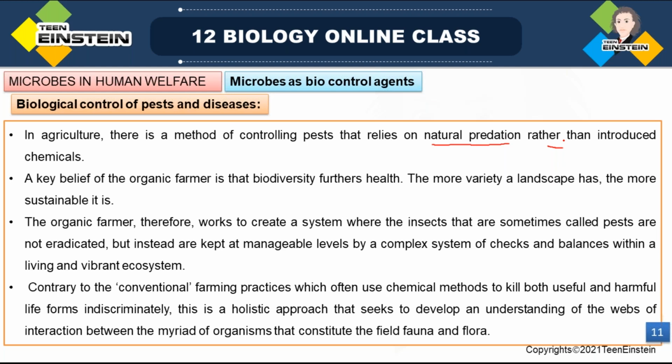Generally, biodiversity furthers health. The more variety a landscape has, the more sustainable it is. If a landscape is having more variety, it will become more sustainable.